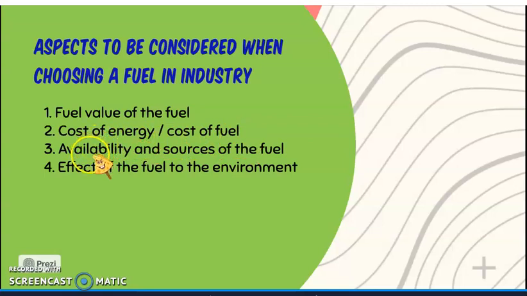The third is availability and sources of the fuel. Maksudnya, susah ke senang sumber bahan api itu diperolehi. Kalau senang, maksudnya itu adalah the best fuel lah. And the fourth is effect of the fuel to the environment. Kesan bahan api terhadap persekitaran. So, bahan api yang bagus adalah bahan api yang memberi kesan yang kurang terhadap persekitaran. Maksudnya, dia tidak memberi pencemaran kepada alam sekitar.